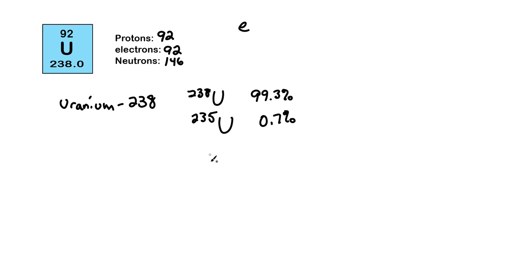Then there's another, uranium 234, one less neutron, and that makes up less than 0.01% of natural uranium ore. Now, chemically, all this uranium behaves the same, but radioactively, how its nucleus behaves is slightly different. All three of these are isotopes of uranium.